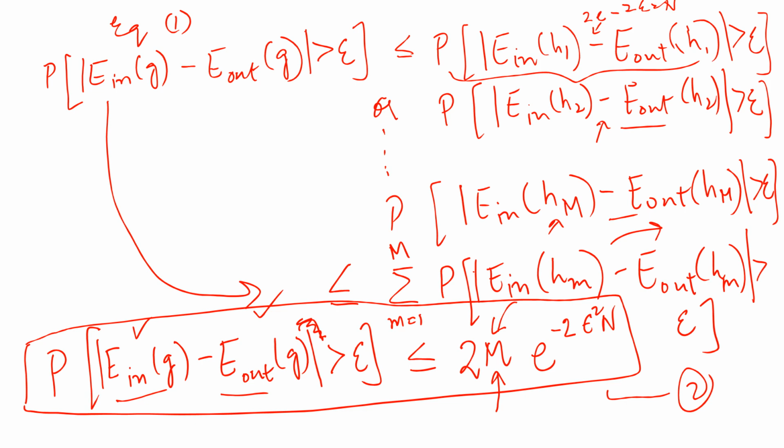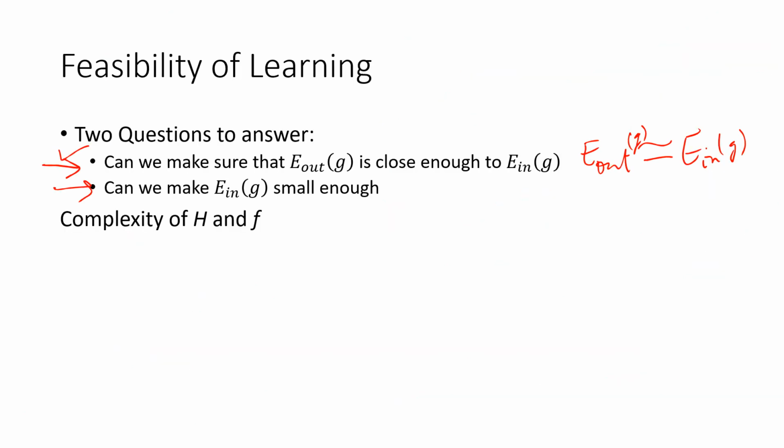So Hoeffding's inequality will help us answer the very first question. The second question can be answered only when we run the learning algorithm on the data that we have and then see how small my in-sample error can get. So it depends on my data D.